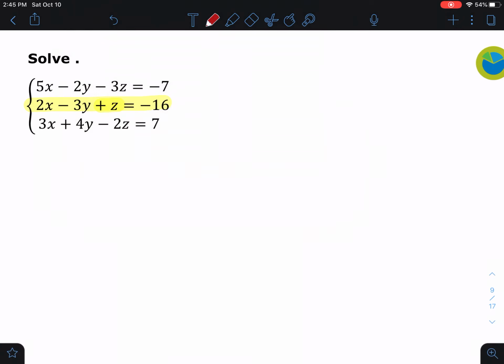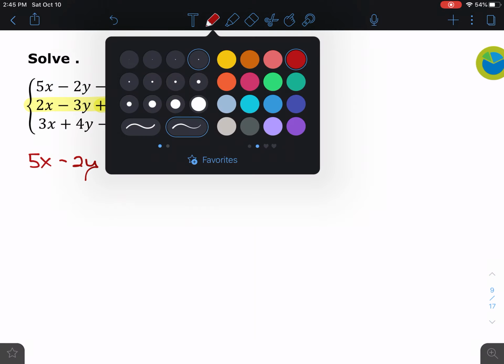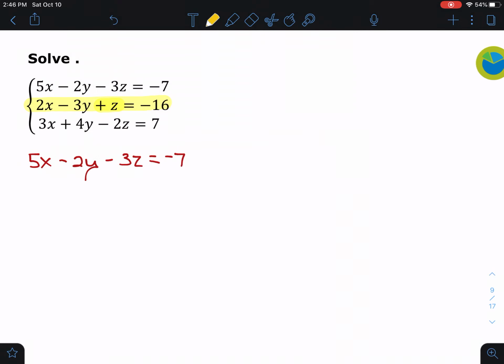I'm going to copy that top equation, 5x minus 2y minus 3z equals -7. And then the middle equation is the one that I am using because it has the leading coefficient of 1 with the z. So I'm going to write this underneath.